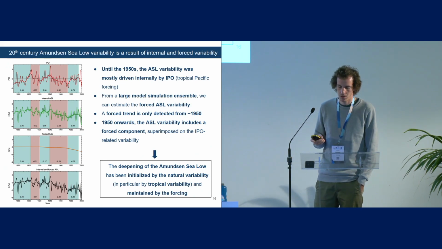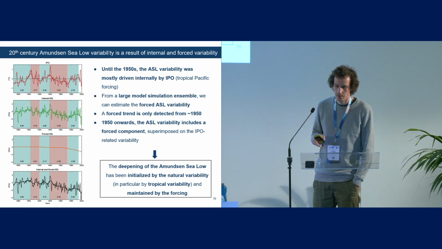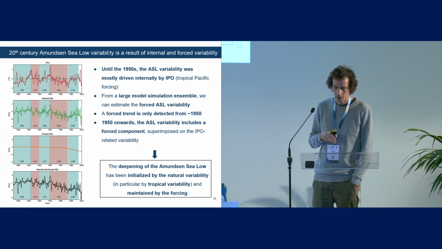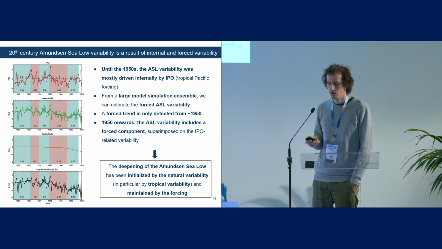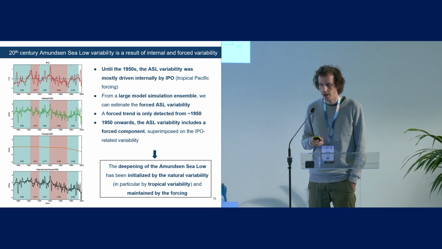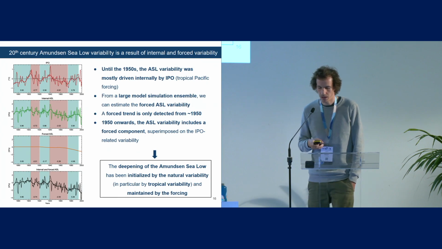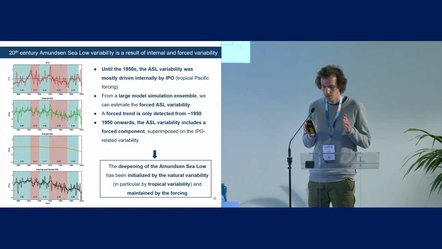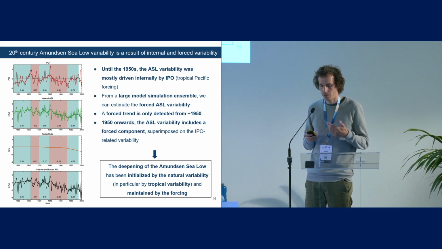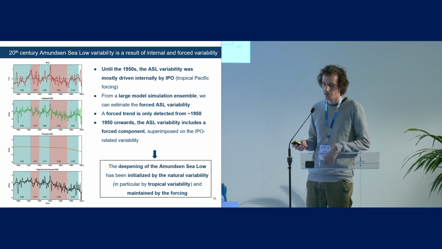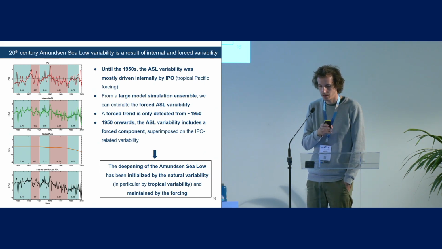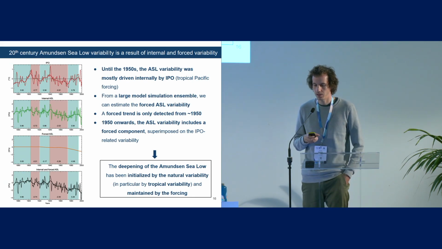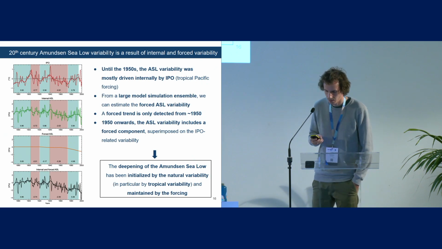Here I represent again the two indexes that I showed previously, the Interdecadal Pacific Oscillation and the internal Amundsen Sea Low variability. First, you can see that when the IPO is in negative phase, we observe a deepening of the Amundsen Sea Low, the blue patches, and the opposite when the IPO is in positive phase.